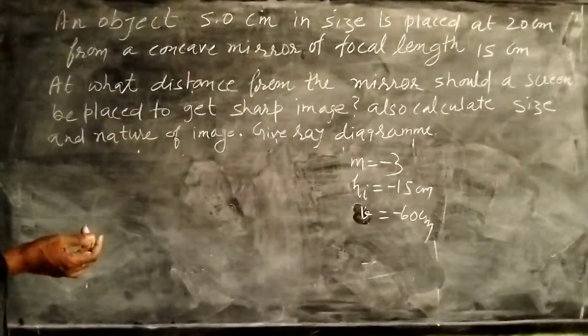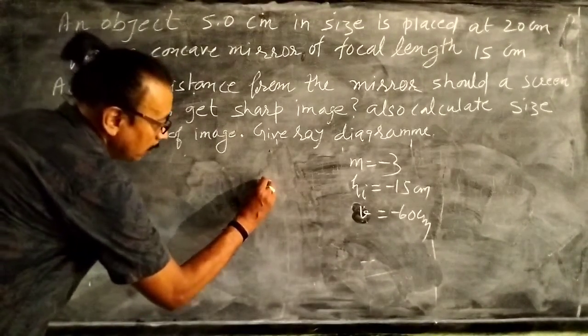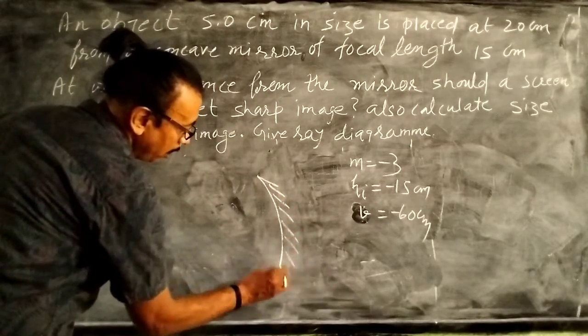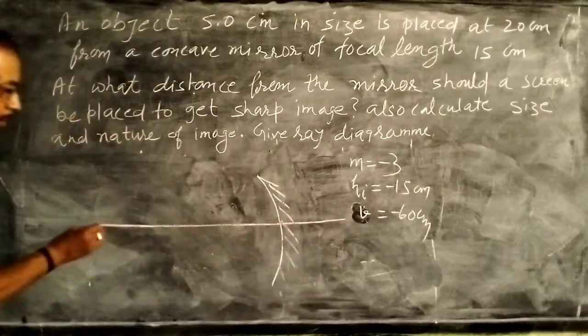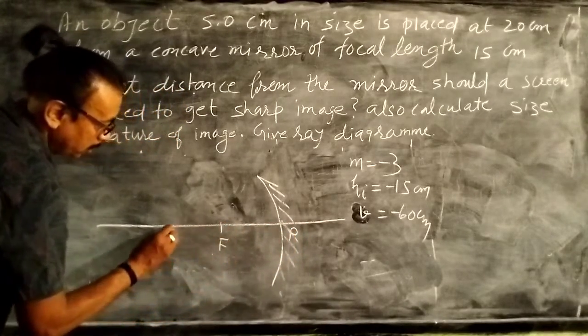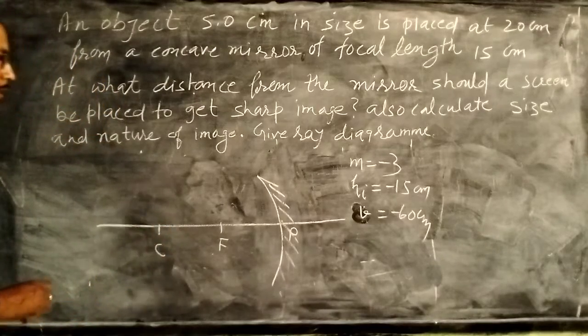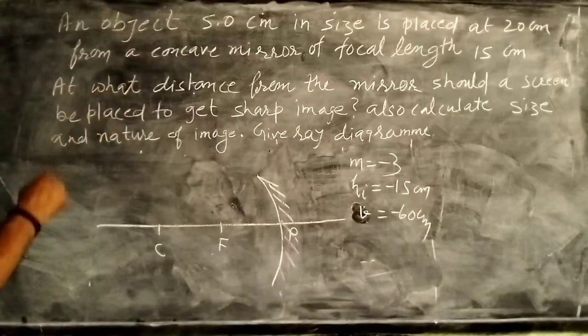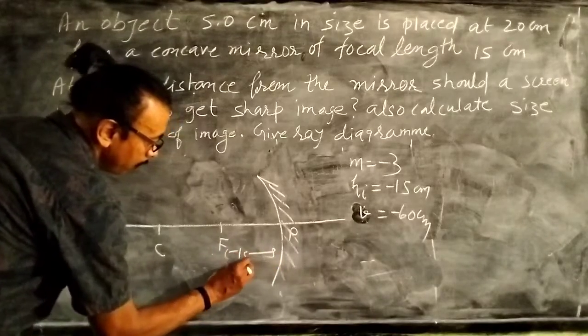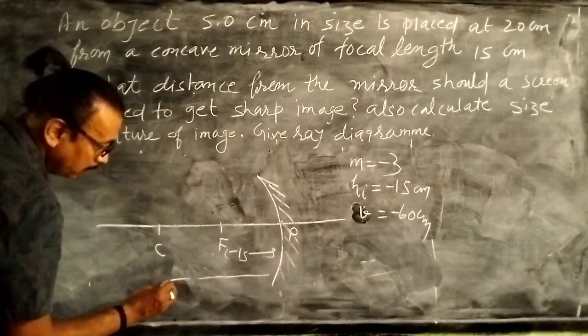Okay. Now the ray diagram. This is the concave mirror, pole, focus, center of curvature. The focus is given as 15 centimeter, and C will be at 30 centimeter.